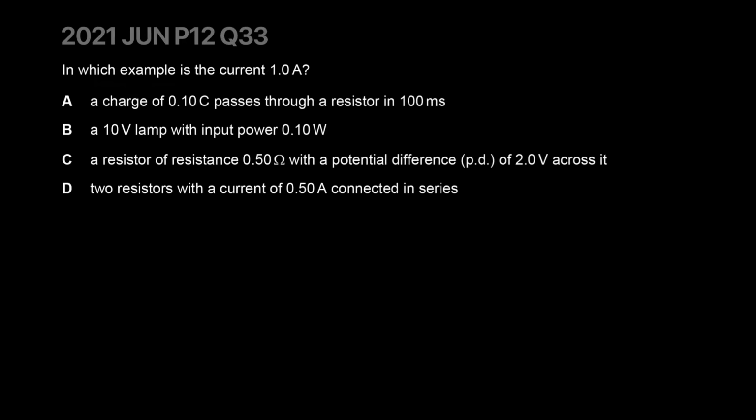Current is actually the flow of charge, flow of coulombs or charge per time. So which of these options is giving us 1? So that's saying 0.1 charge divided by 100 milliseconds, which is 0.1 seconds. That's giving me 1 ampere. Look at that. So our correct answer has to be A.